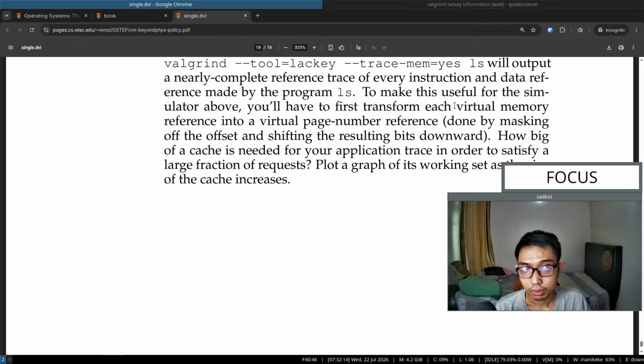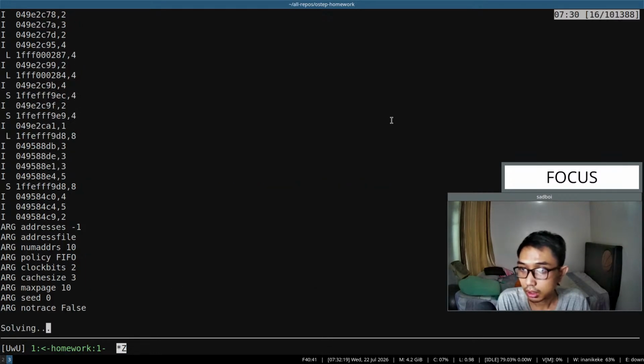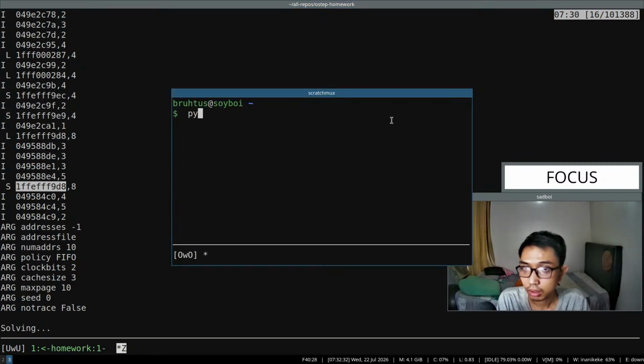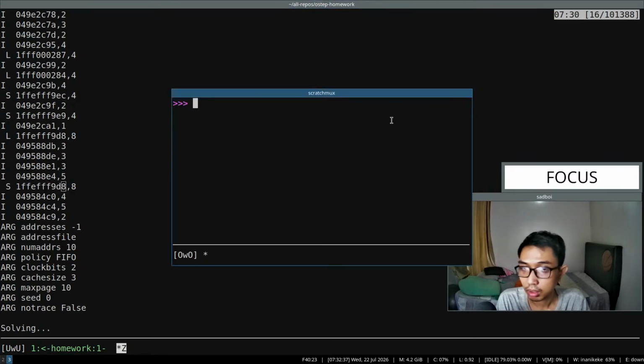I'm not sure which virtual memory reference in here I should take a look at. Is this the one? Maybe. Let me check. Okay, maybe something like this. And then shift by 8, maybe.